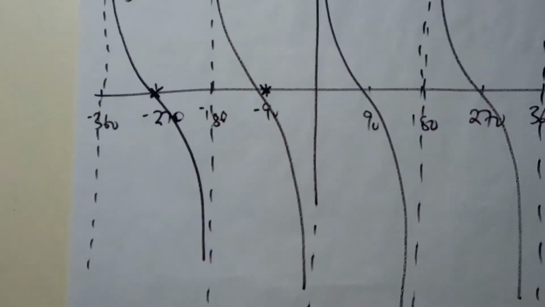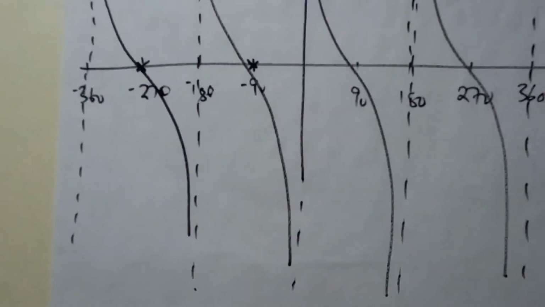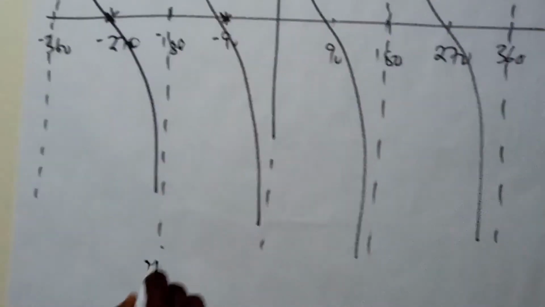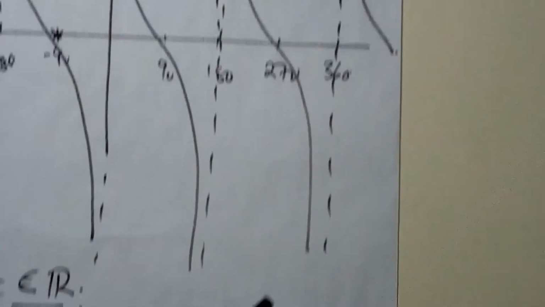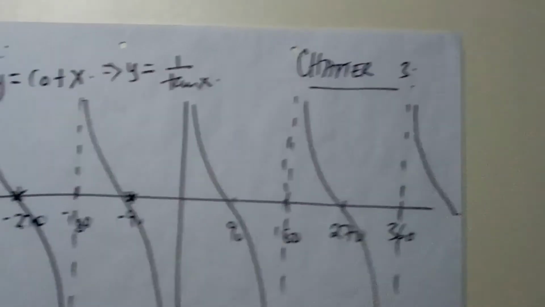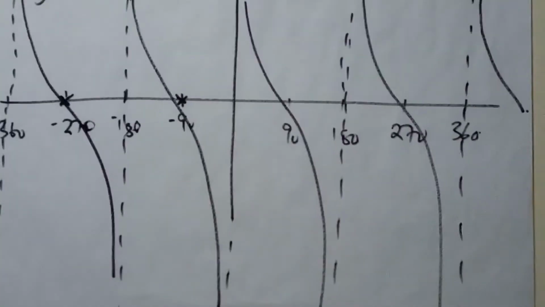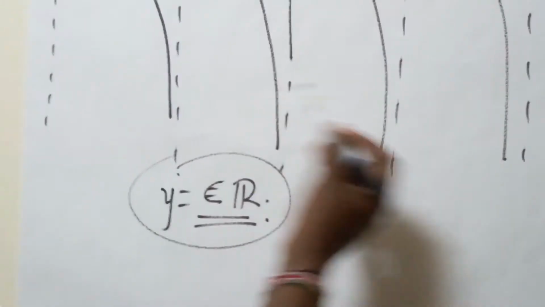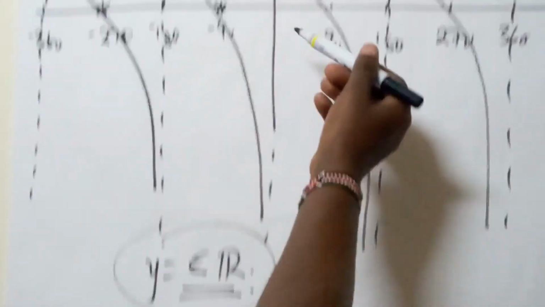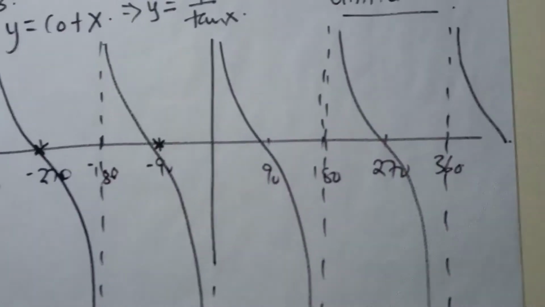Of course, the range of y is any real number, because as you can see, it can assume negative infinity to positive infinity, and therefore, even if you're talking about the range, the range is going to be any real number. It can assume all values of y.